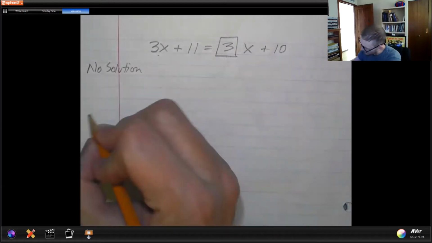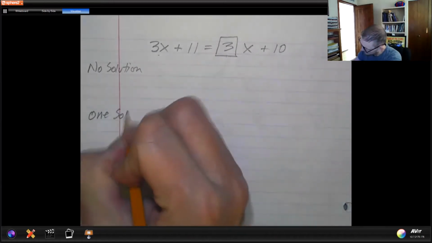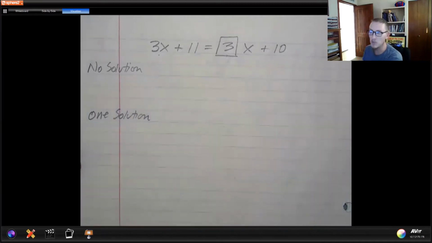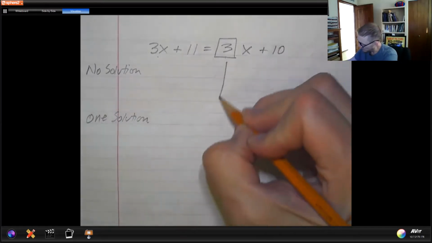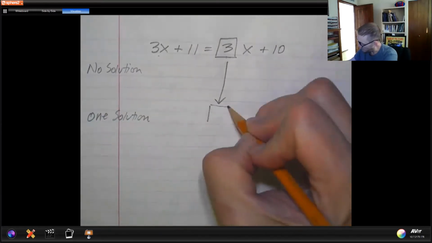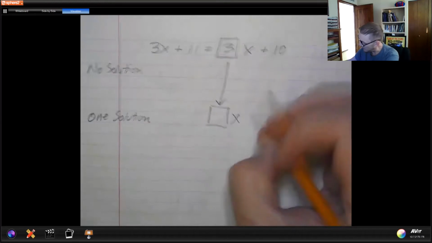But what if it wanted one solution? Remember, a one solution is a normal equation where it does not cancel out. So if I wanted a one solution, what number would I put in the box now?